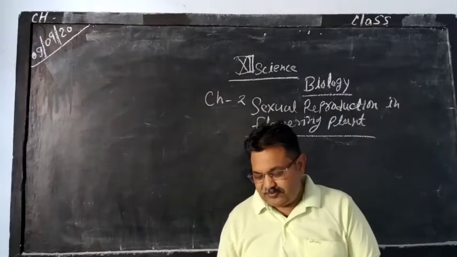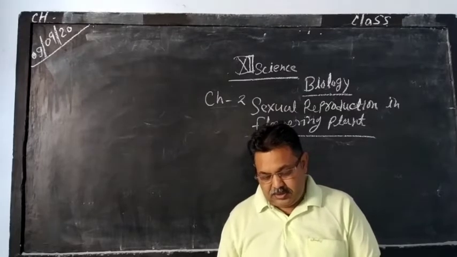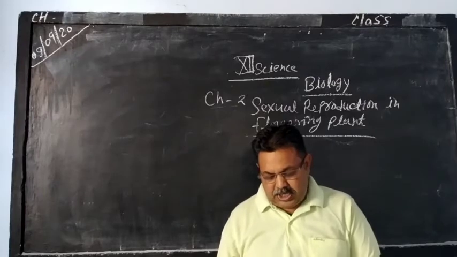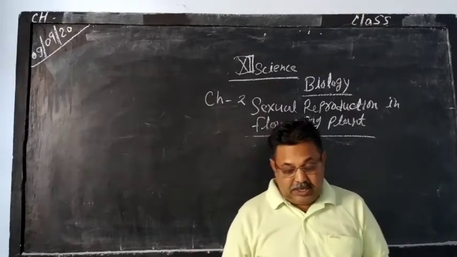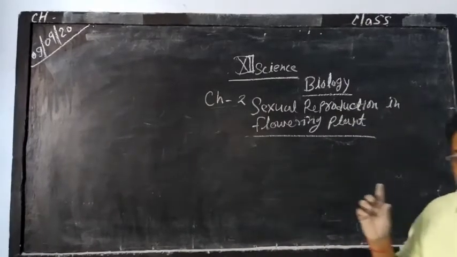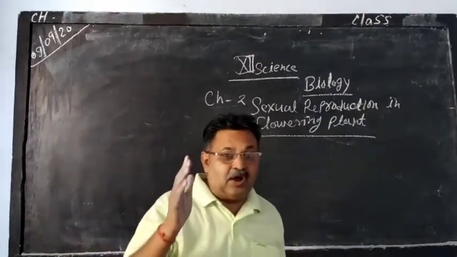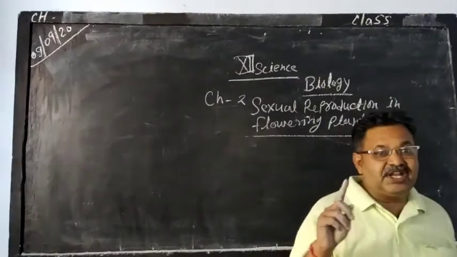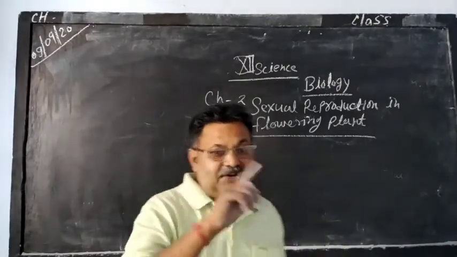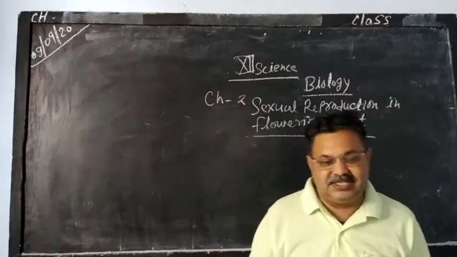Second one is apomixis. Apomixis means the development of a plant or embryo without fusion of gametes. So these points are very important for our chapter. First one is pollination, second one is apomixis.